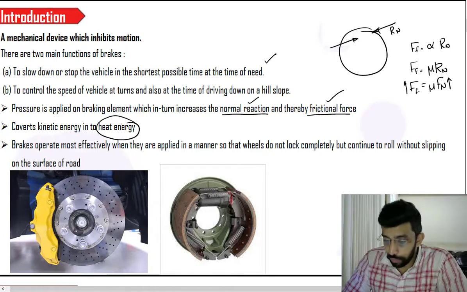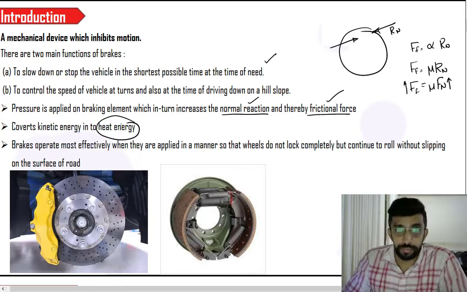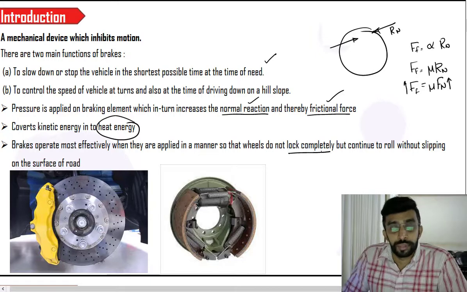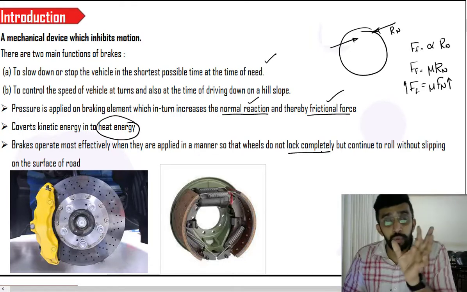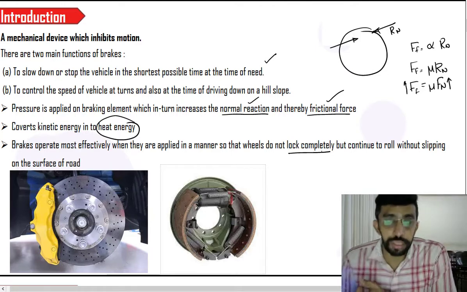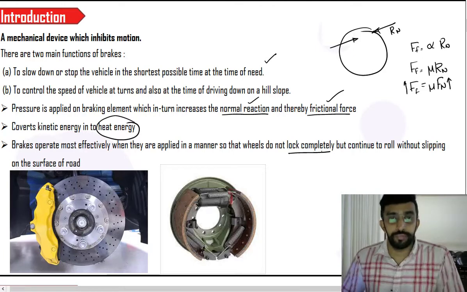And most importantly, we have to make sure of one thing: while we apply a brake, it should not lock the system. That's mainly applicable in the case of automobiles. When you apply the brake suddenly, and if the brake locks the tire, the steerability of the system reduces.